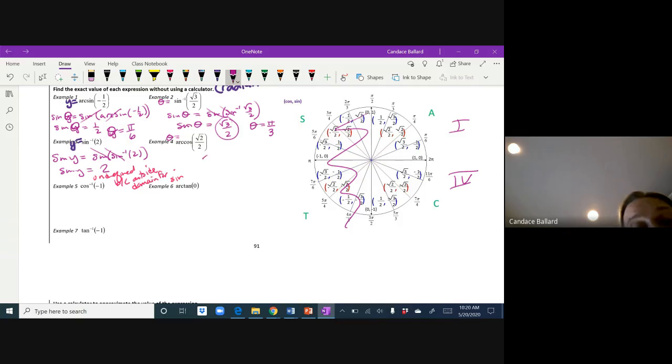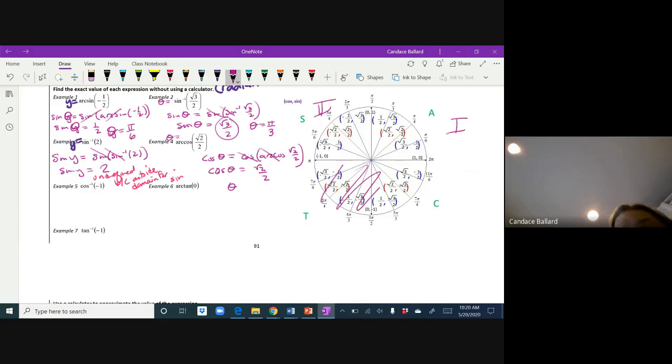So I'm going to take the cosine of both sides. So the cosine of theta equals the cosine of the arc cosine of square root of 2 over 2. So again, these guys cancel. So I'm looking for where the cosine of theta equals radical 2 over 2. Now, cosine is valid, from what we learned earlier, in quadrant 1 and quadrant 2.